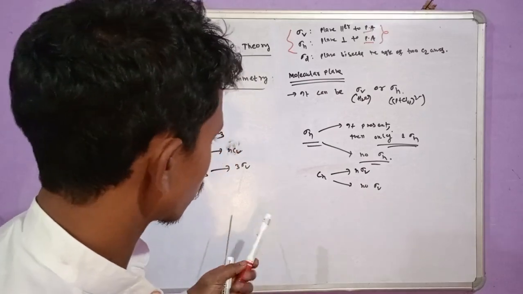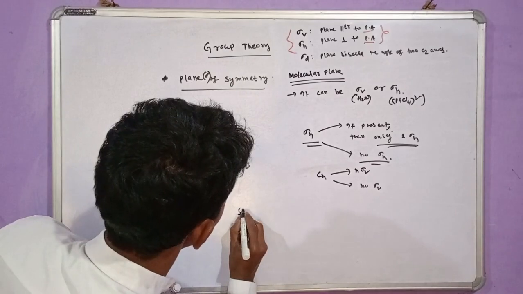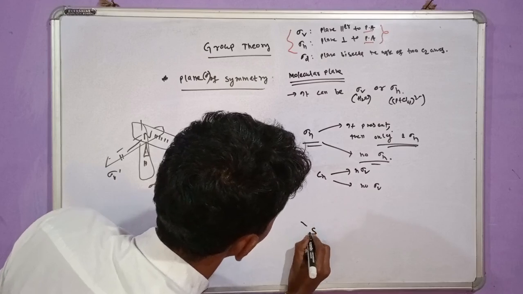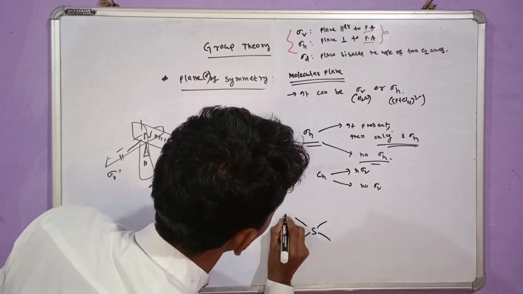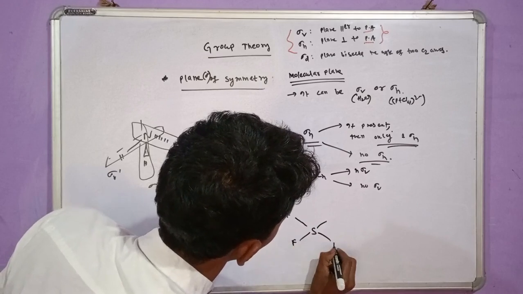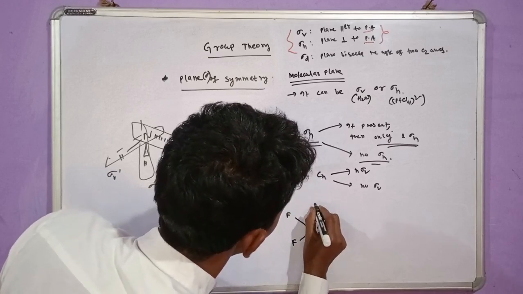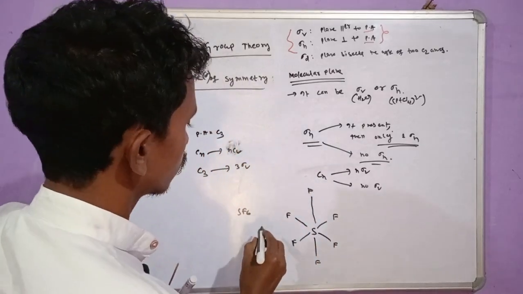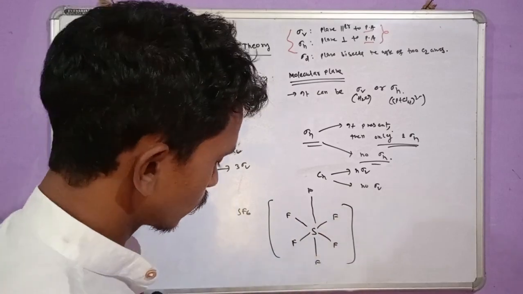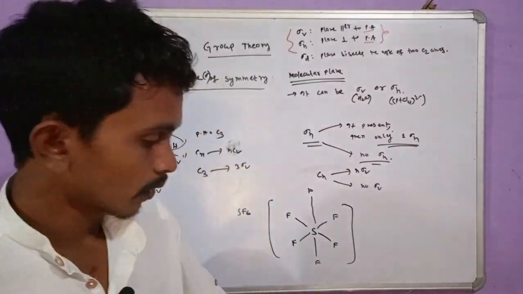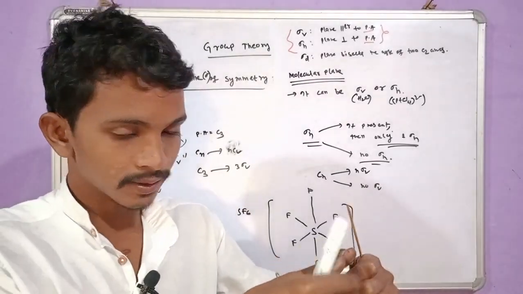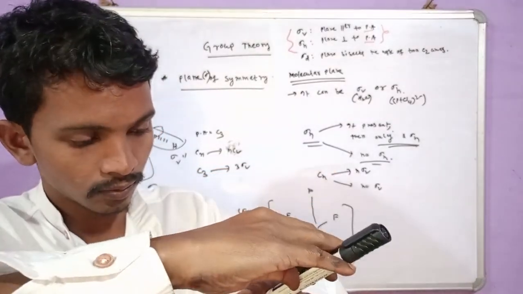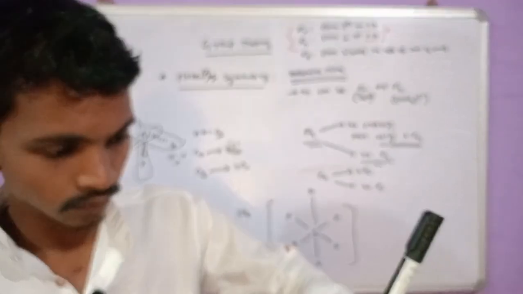If you discuss SF6, it has S, F, F, F, F, and one more F. Okay, this is the SF6 molecule. Here two fluorines will be like this, and one is like this.